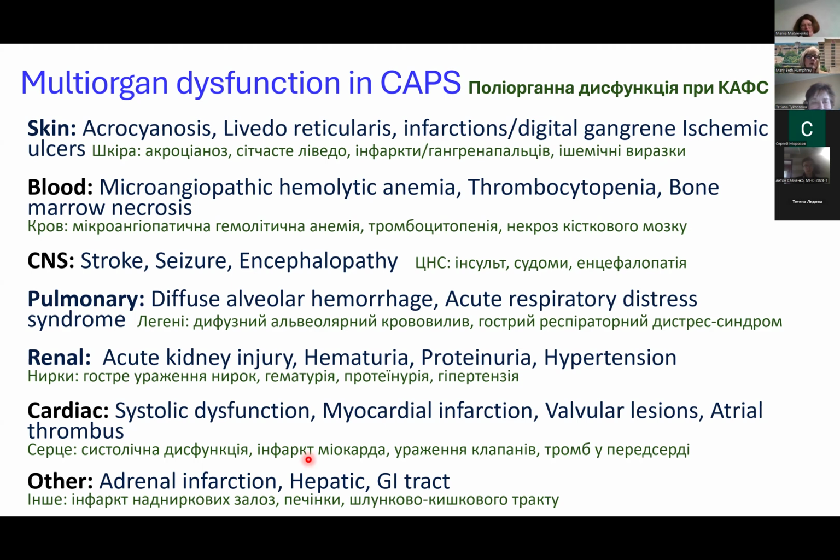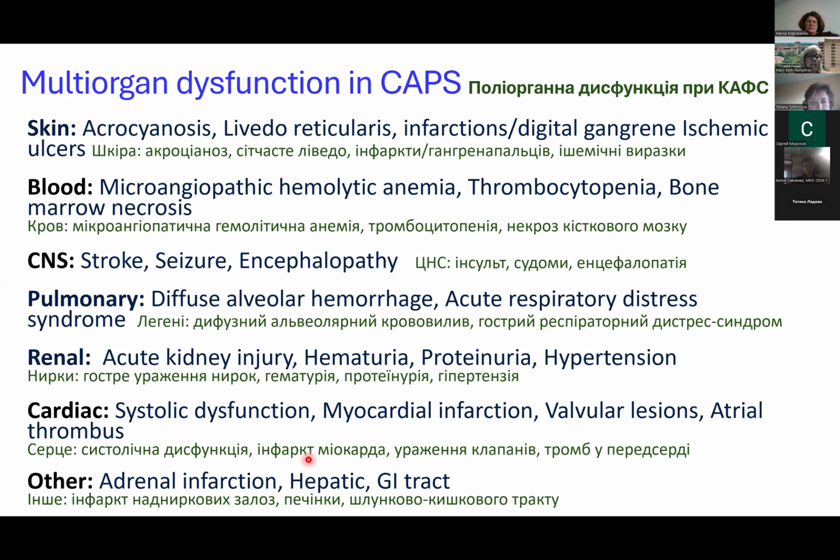And so probably some patients actually have CAPS but are initially treated as sepsis, and some of those patients will go on and die, because we don't usually treat sepsis with anticoagulation. And that's really, you need anticoagulation here.